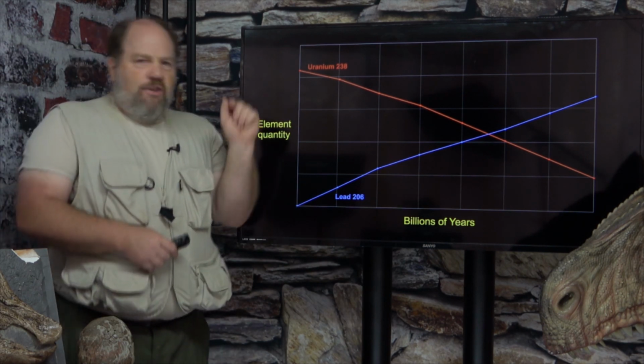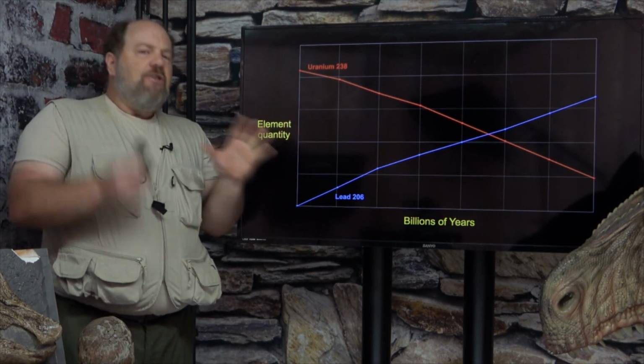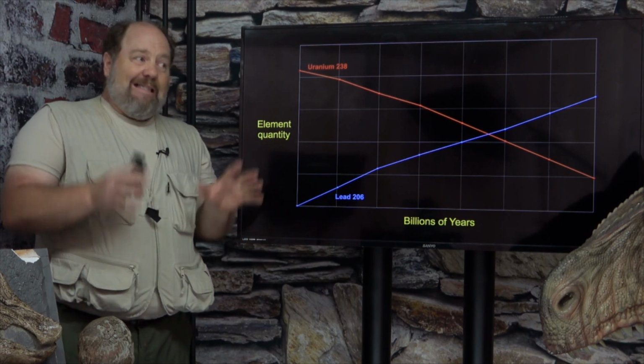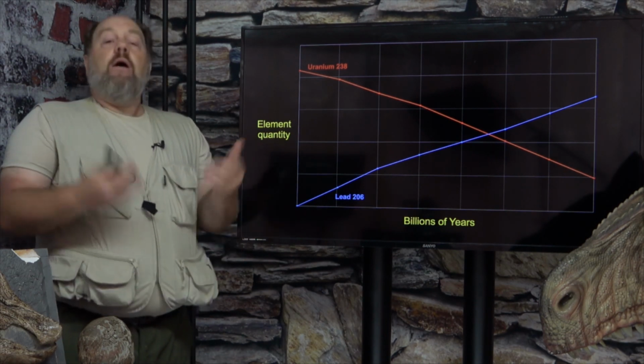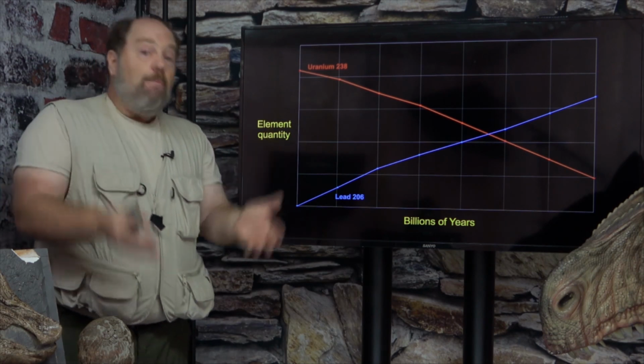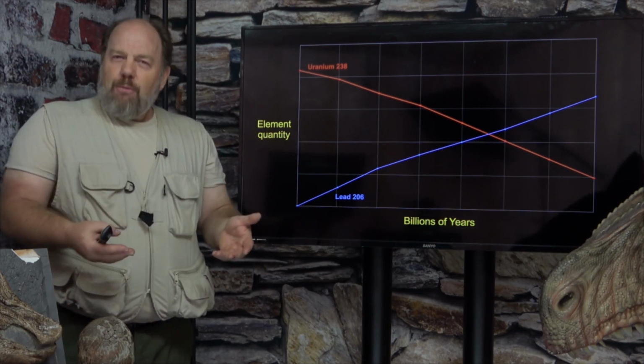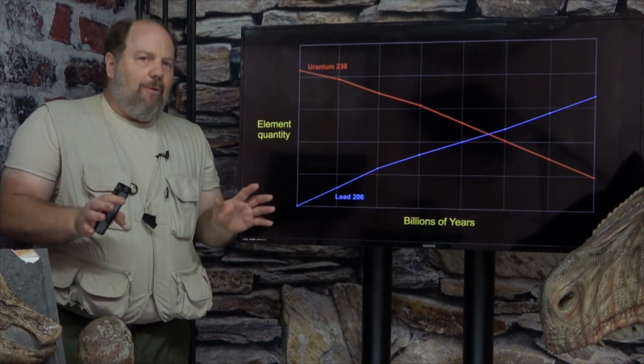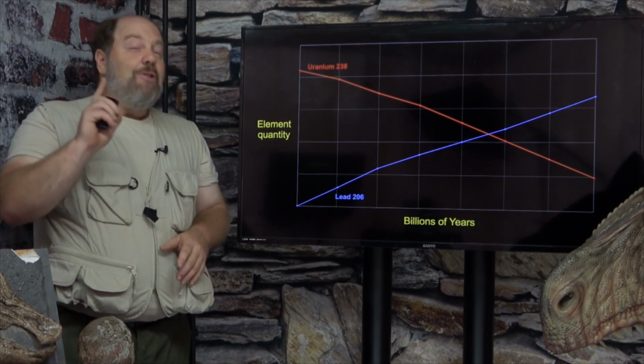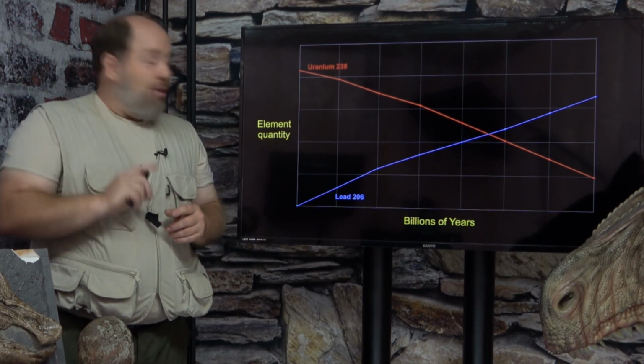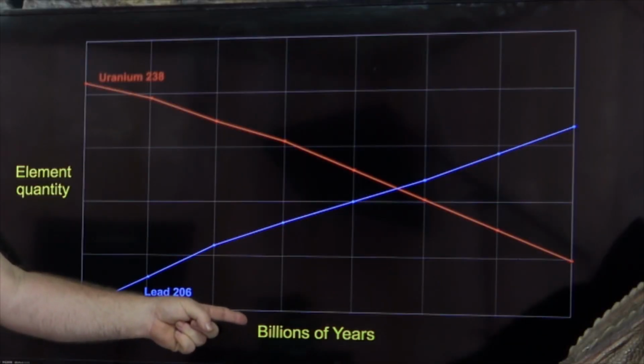Now, this is a wonderful theory, but it has so many fatal flaws that it's difficult to know where to begin. Let's start with the assumptions. The first assumption that nobody ever talks about is very subtle yet significant. The assumption of billions of years.